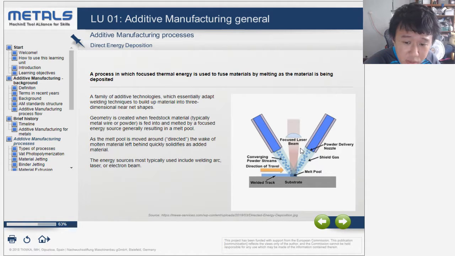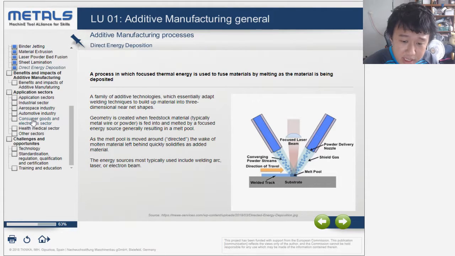So it's a process in which a focused thermal energy is used by materials to fuse materials by melting the materials being deposited. A family of additive technology which essentially adapts welding techniques to build up materials into three-dimensional near-net shaped parts.